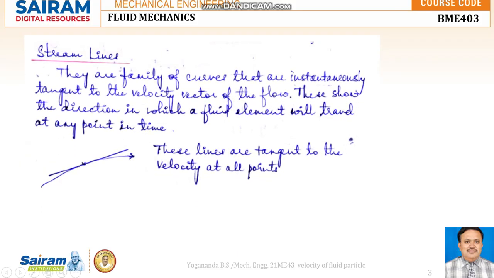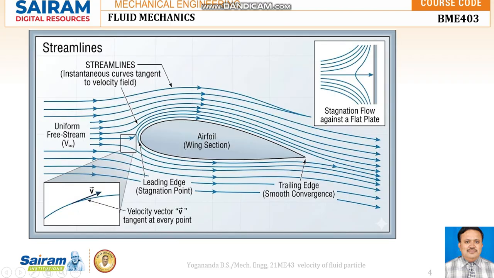So, what are streamlines? They are the family of curves that are instantaneously tangent to the velocity vector of the flow. To understand streamlines, we are having this airfoil. Whenever the flow of air is hitting the airfoil, that is the stagnation point.